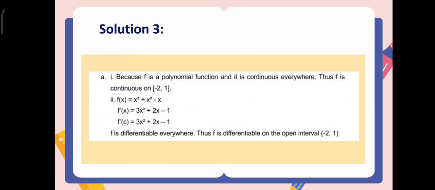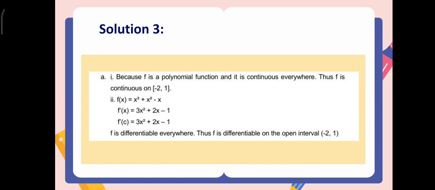Let us first verify the two hypotheses, or the two conditions, of the mean value theorem. Because f is a polynomial function, it is continuous everywhere. Thus, it is also continuous on the closed interval [-2, 1].